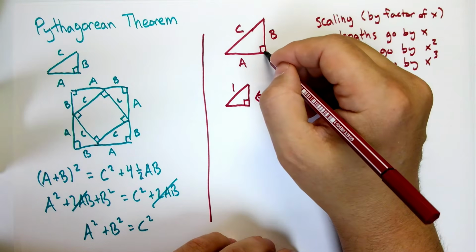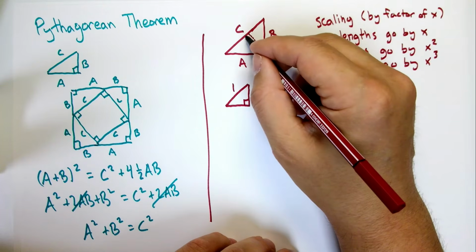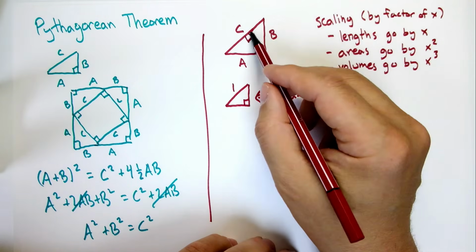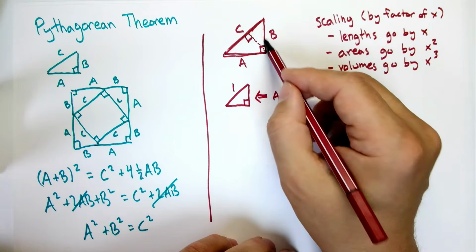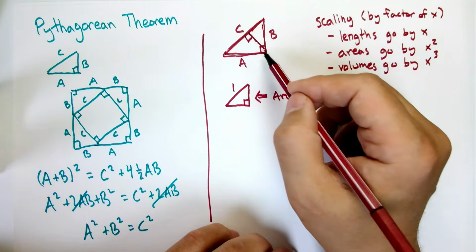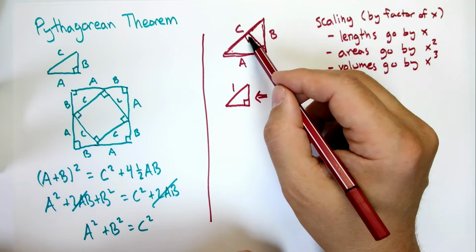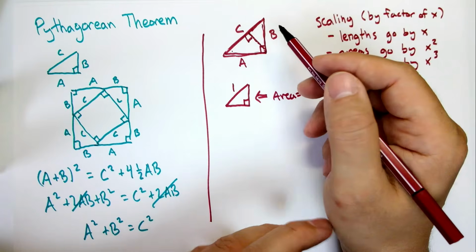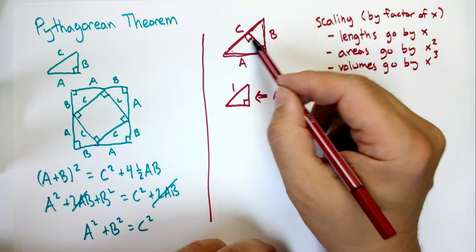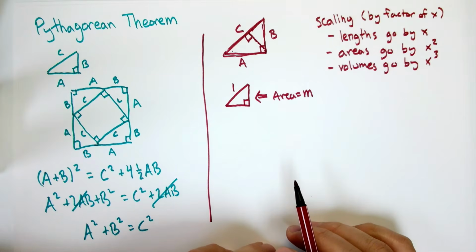One last piece is to say, if I come here and I drop straight down, I can say that this big triangle breaks up into two smaller triangles. And what's true about these two smaller triangles? Well, notice that they have 2 out of the 3 angles which match, which means all 3 angles match.